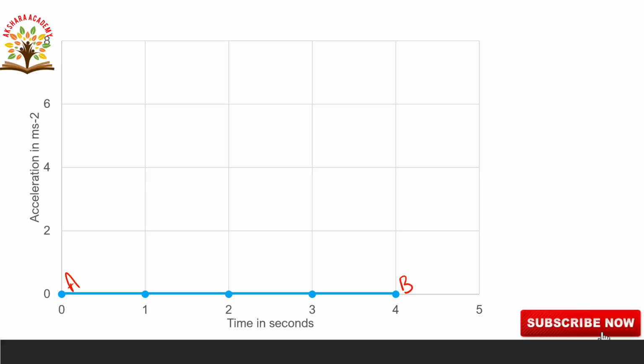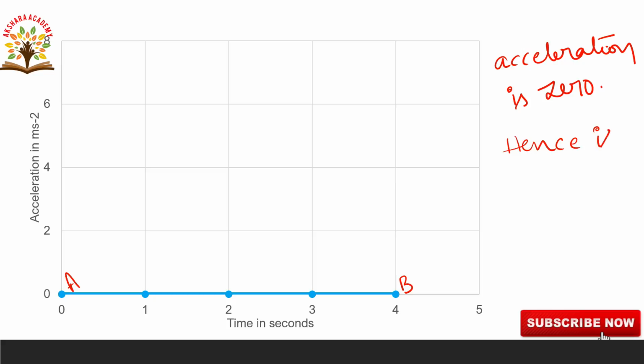So from this graph, we understand that acceleration is 0. Hence it is moving with a uniform velocity. When the AT graph is along the time axis, the body is moving with uniform velocity. When a body moves with uniform velocity, its acceleration is 0.